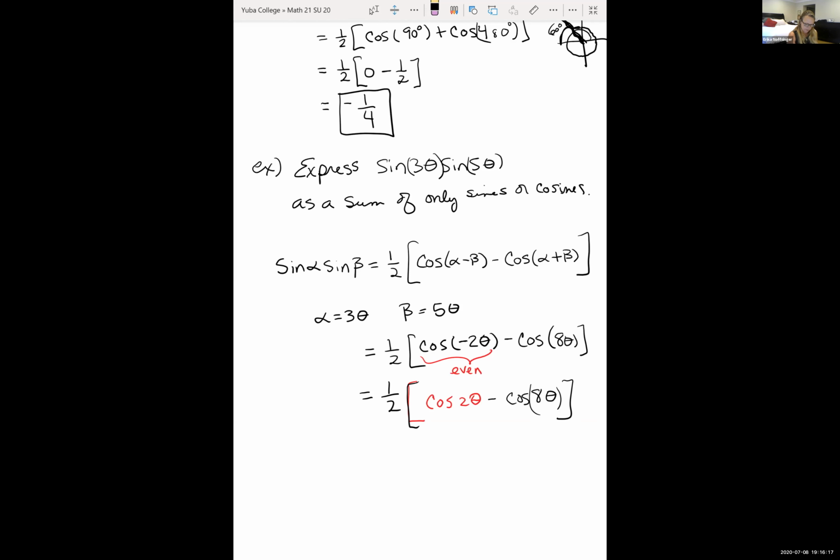Yeah, we're done: 1/2 cosine of 2 theta minus cosine of 8 theta. I didn't know if we needed to break this down as a single angle, and then we would have had to do some manipulation with identities. Okay, so that's probably a good place to stop.